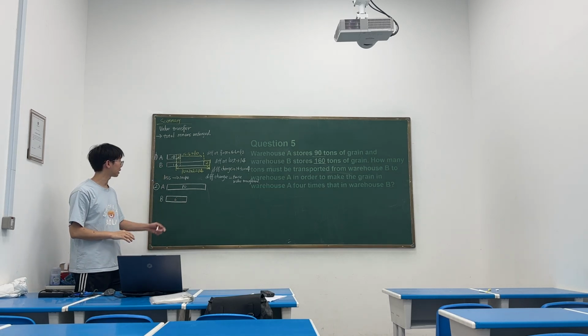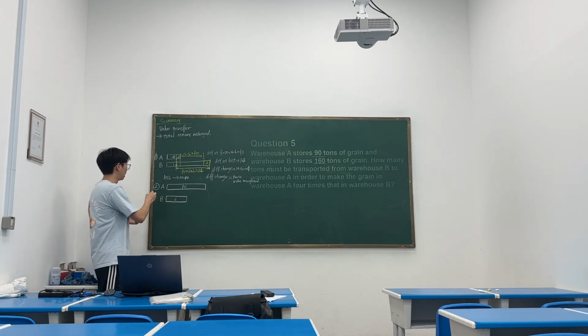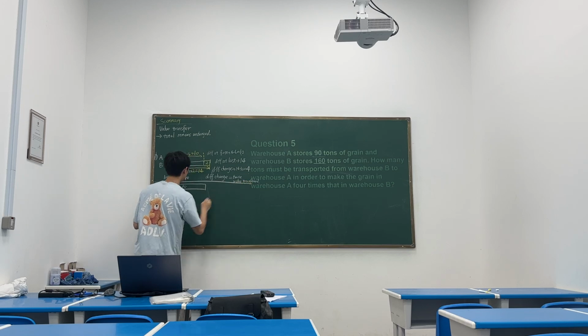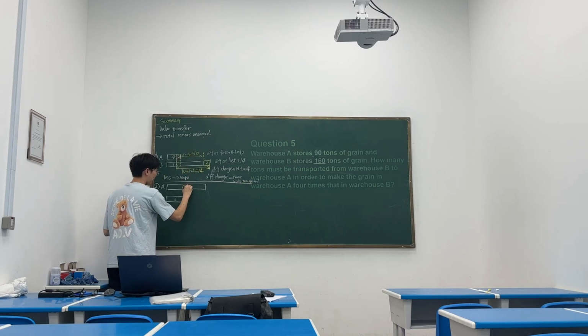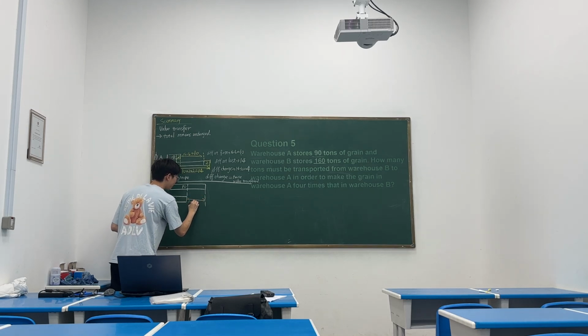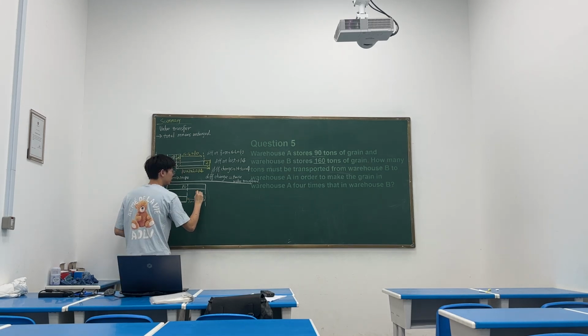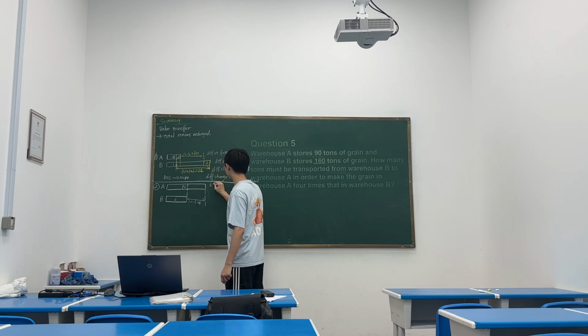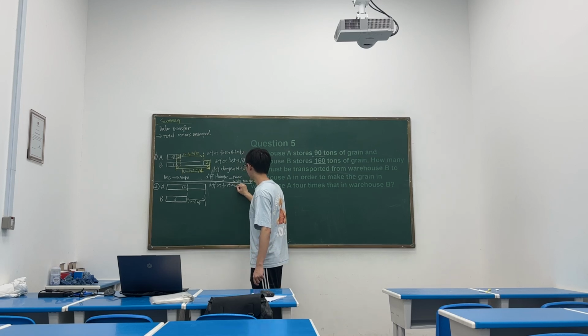Now class, what is the current difference here? Currently, their difference is between 10 and 6. This is 10 minus 6 equals to 4. So the difference at first equals to 10 minus 6 equals to 4.